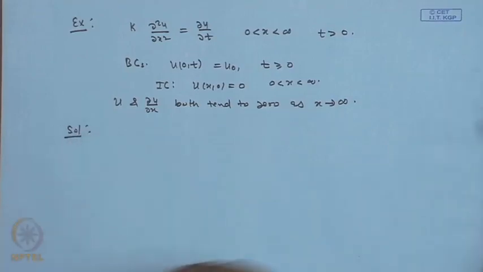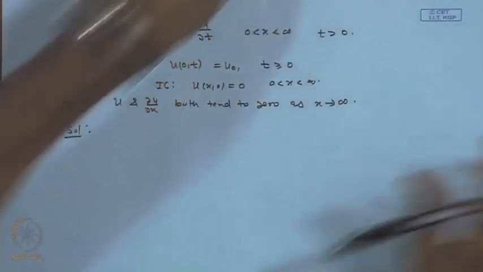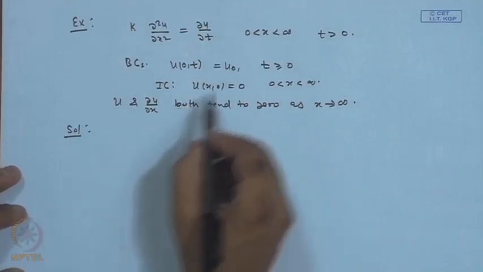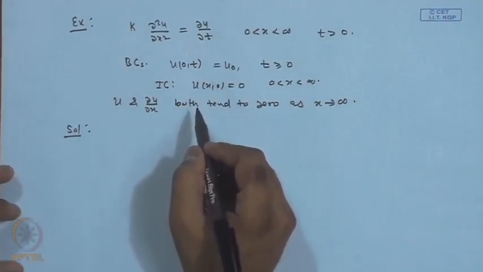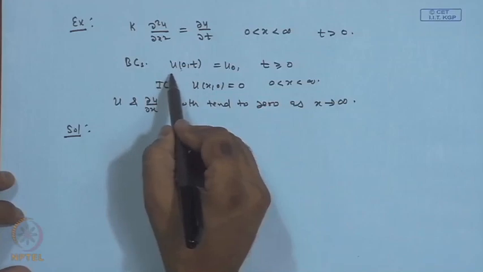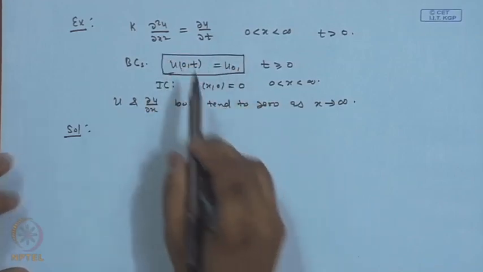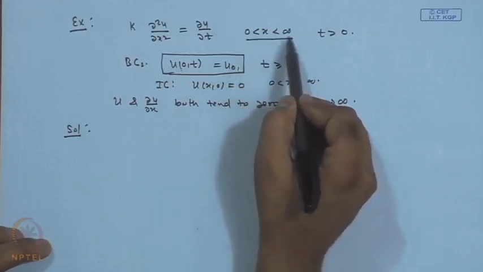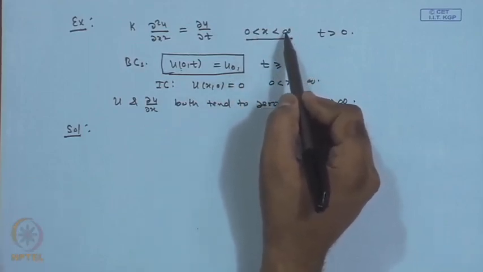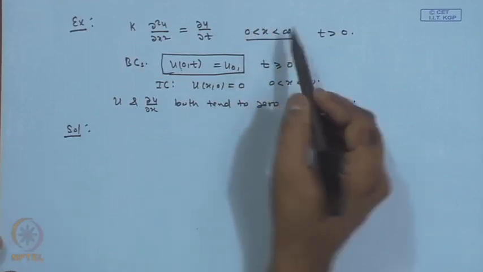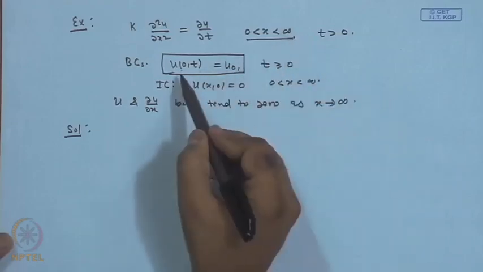So, now the solution. We note that this u is specified at x equal to 0. So, we have this boundary condition, u is given at 0, and our range for x is 0 to infinity. So, we have a choice of a cosine or sine transform, but this u is given.